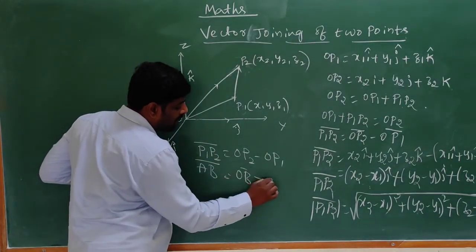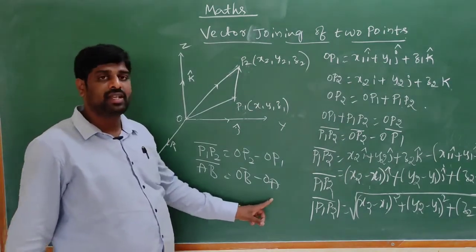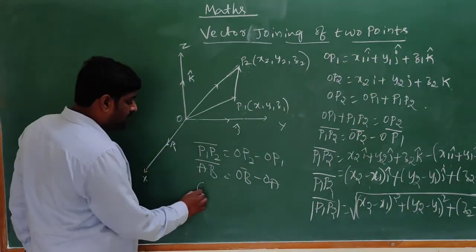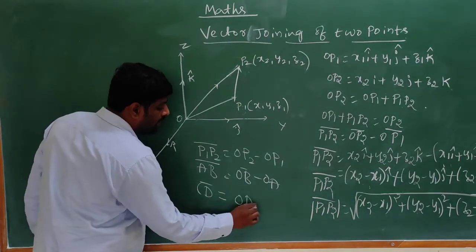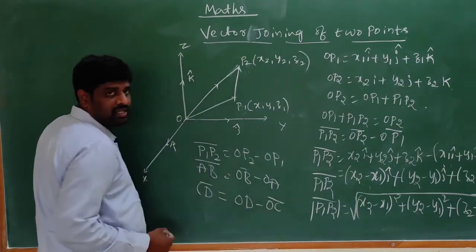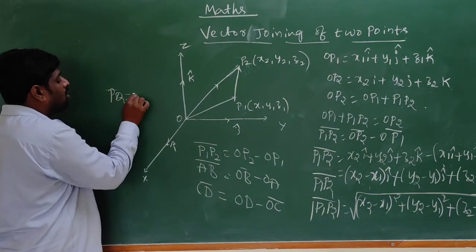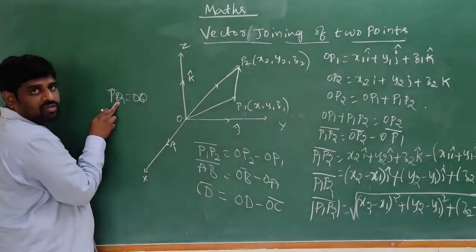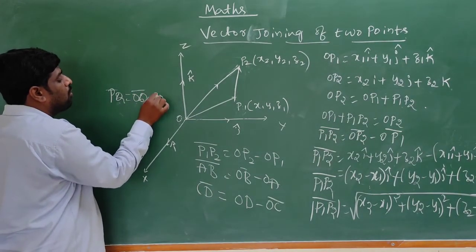OB bar minus OA bar, from the position vectors. Suppose CD bar comes. CD bar can be written as OD bar minus OC bar. Suppose PQ bar. What is PQ bar? OQ bar minus OP bar, from the origin.